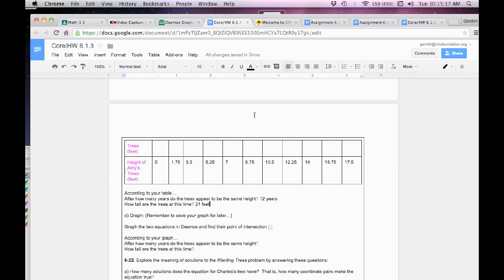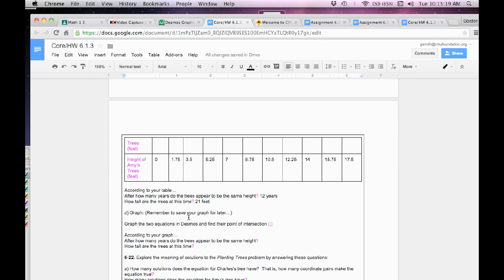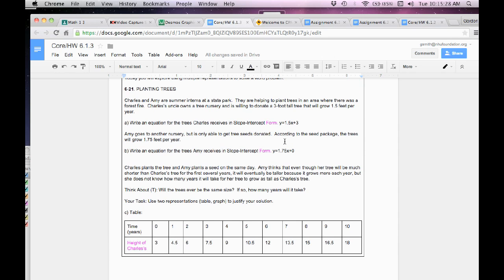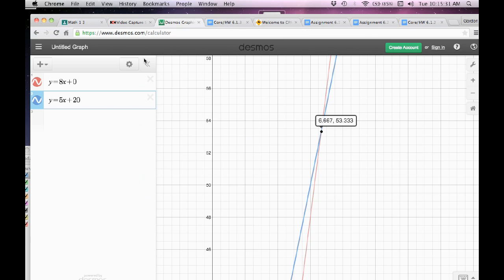Now we're going to try to do it as a graph. And it says, remember to save your graph for later, so we'll remember that too. Graph the two equations in Desmos and find the point of intersection. So our two equations are these ones right here. So we'll use Desmos right here.